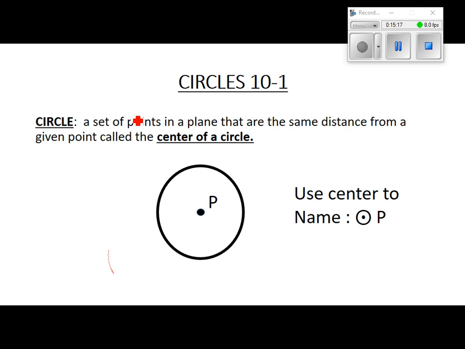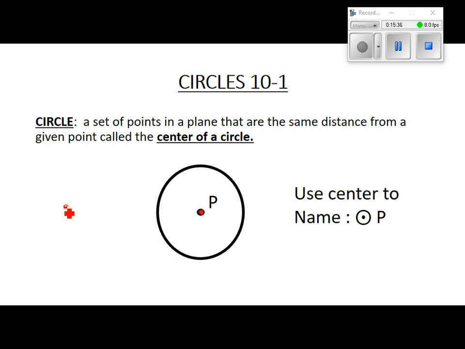Circle. A circle is a set of all points in a plane that are the same distance from a given point called the center point. This is your center point. The definition of a circle: if I put a point right here, I said all points in a plane that are the same distance from a given point.